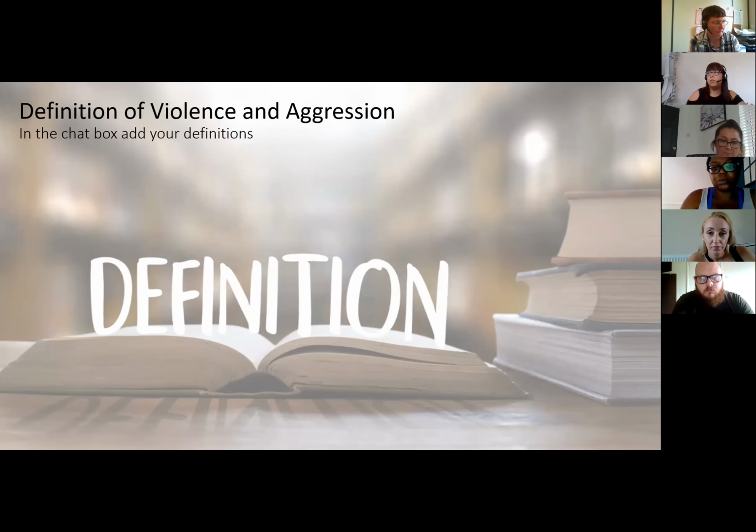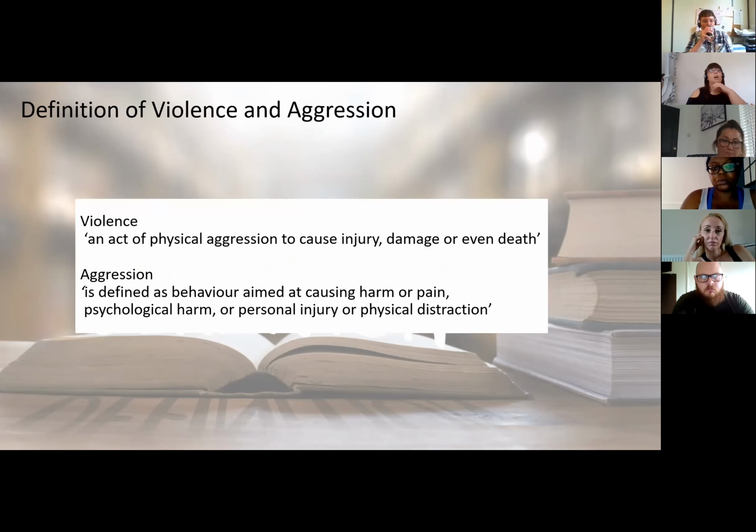Jess says violence, causing physical injury to a person or causing damage to the environment. Aggression, raising voice, verbal abuse, displaying anger. Yeah, I think they're all very valid. The ones I picked out in the dictionary: violence is an act of physical aggression to cause injury, damage, or even death. Steve says verbal abuse or intimidating body language, expression, raising voice, etc. is aggression.